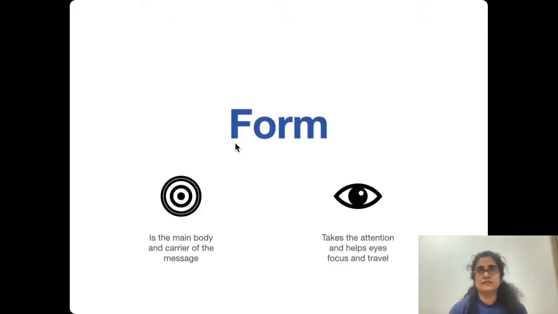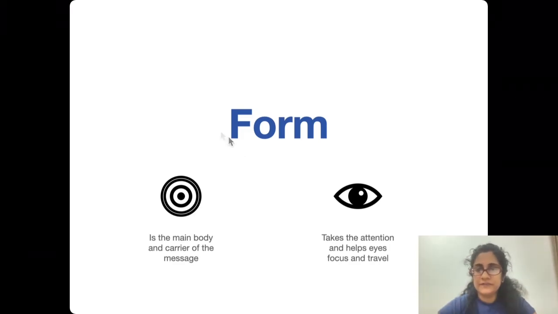Now, form is usually the main carrier of your message. If you want to convey something in that frame, then your form is the most direct way to communicate. Form is so big and central that it is the first thing that takes attention from the viewer, and it helps the viewer travel their eyes in a certain way according to how it is designed and conveys the message. So, your form is the most prominent thing that you see inside your frame.